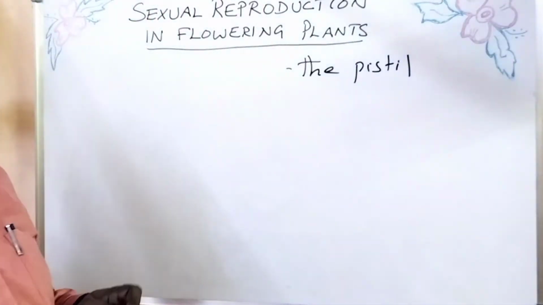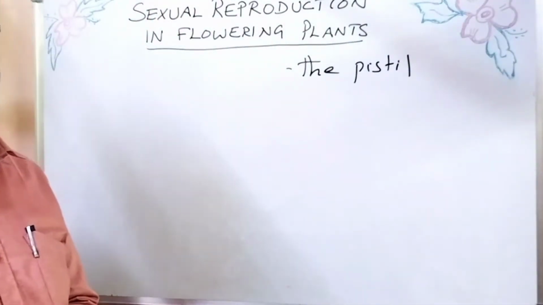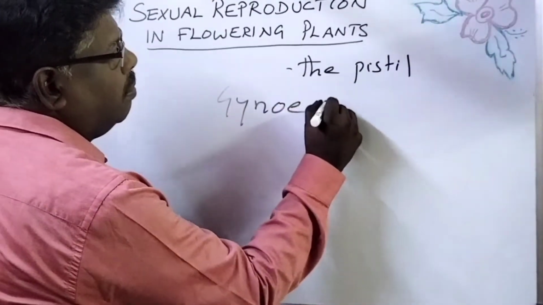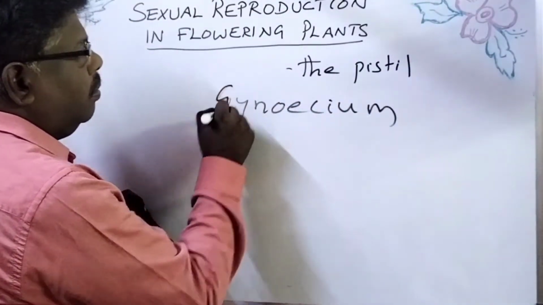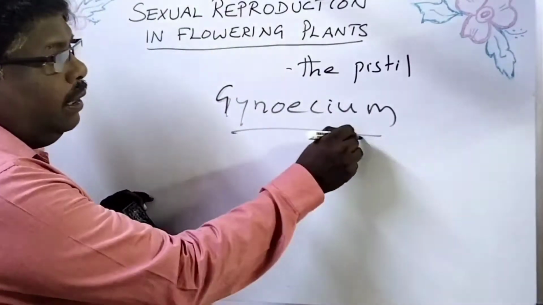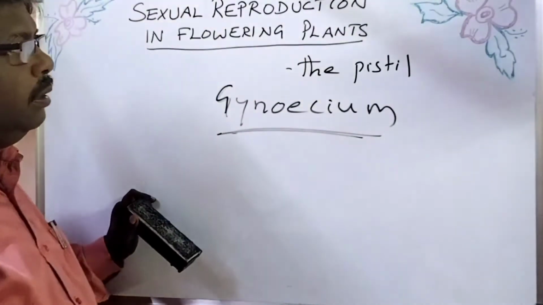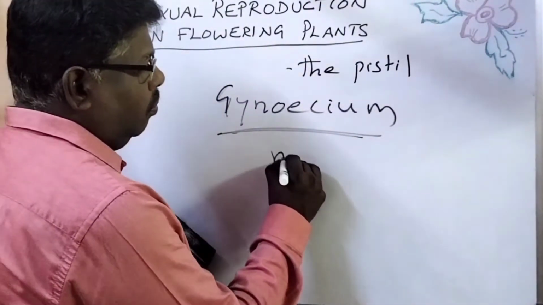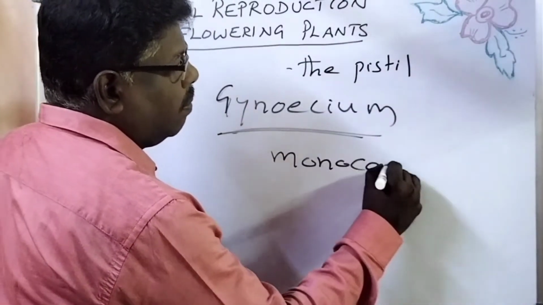Okay, pistil. So the female part of the flower is called gynoecium, commonly known as the pistil. So this is the female reproductive part of the flower. If the pistil is single, it's called monocarpellary.